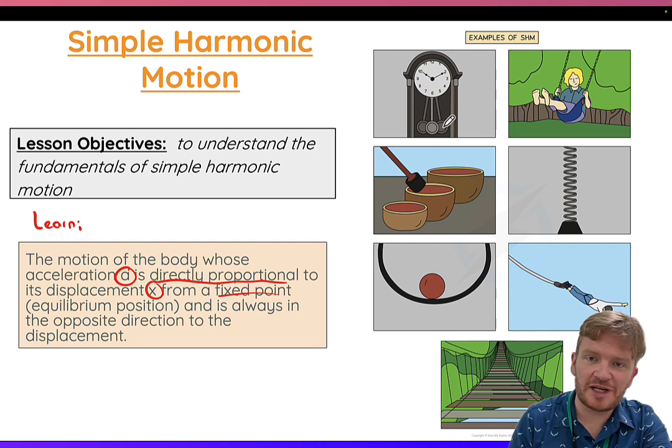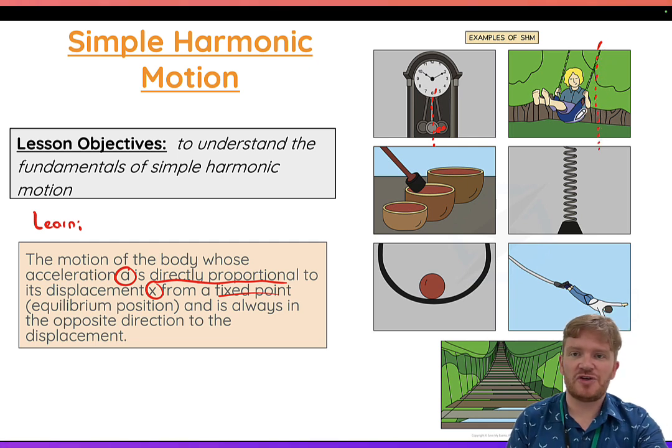So if you think about a pendulum on a clock, it has an equilibrium position here, and the more you move it to the side, the faster it will try to accelerate back to the center. And you can see that most easily with something like a swing.